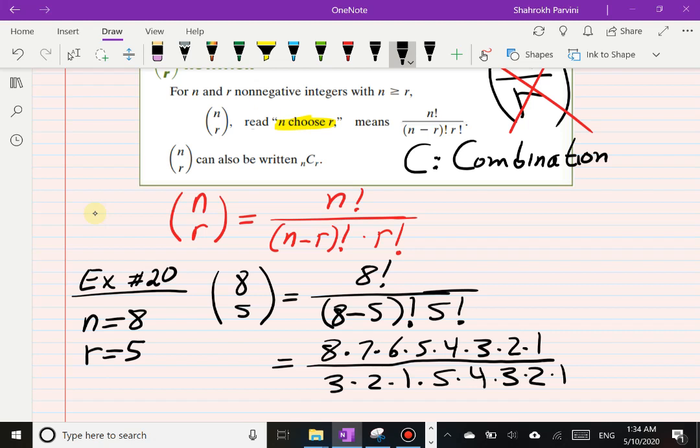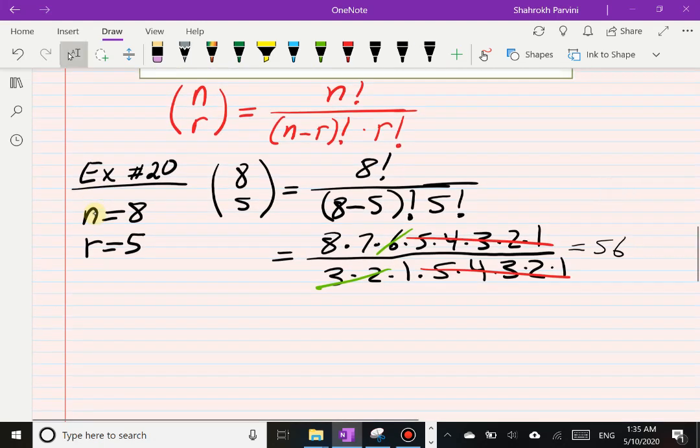If you do this correctly, everything on top will be in the form of multiplication, and so is everything in the bottom. Now, if you look at this again, 1, 2, 3, 4, 5, 1, 2, 3, 4, 5, those cross out. 3 times 2 is 6, and the 6 on top crosses out, so the answer to this is going to be 56. That was pretty simple, right? Not bad. So that's how you can do this.